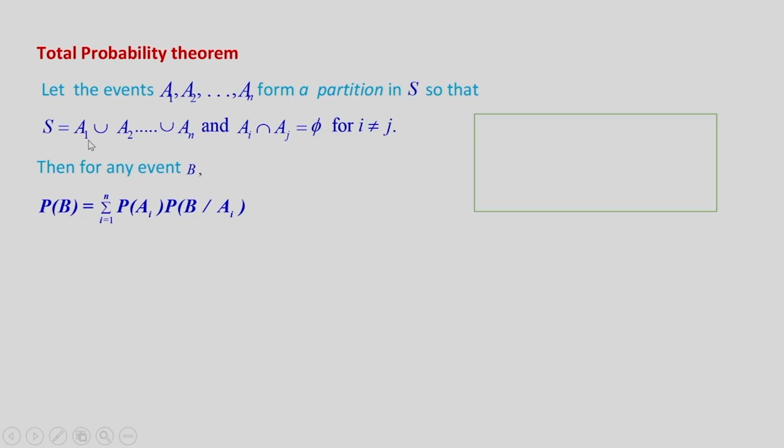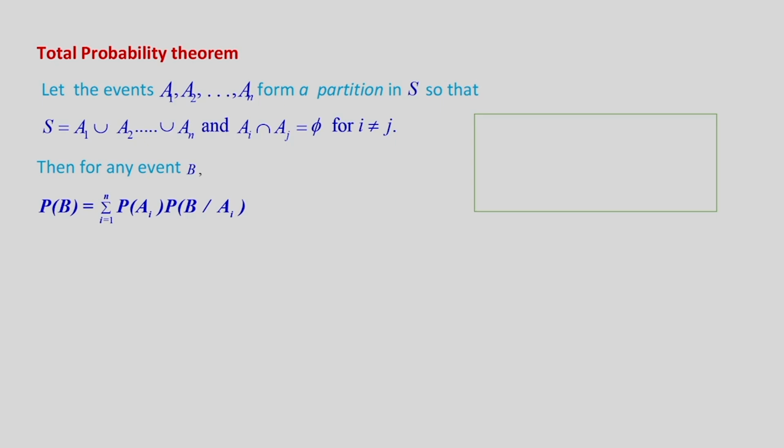It means that S is equal to the union of all these Ai's, and Ai and Aj are mutually disjoint, so Ai intersection Aj is equal to phi for i not equal to j. Then for any event B, probability of B is equal to the sum, i going from 1 to n, of P(Ai) times P(B given Ai).